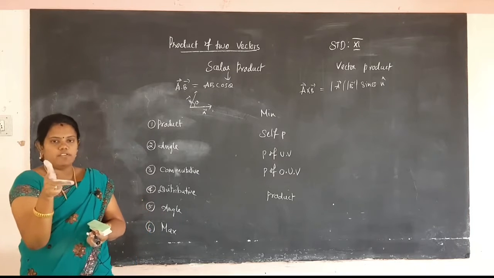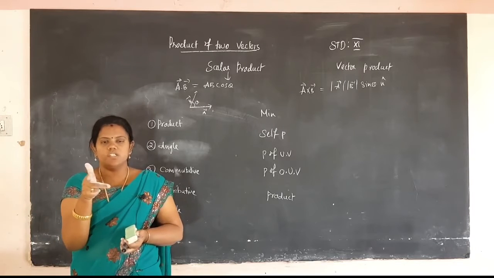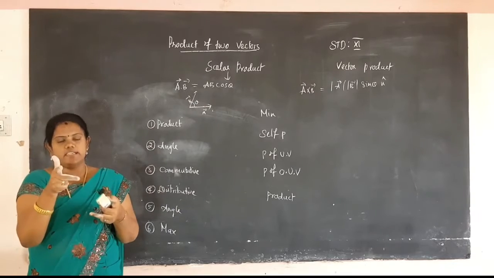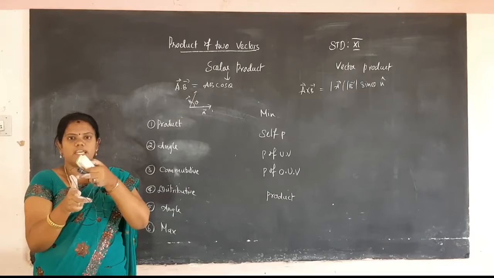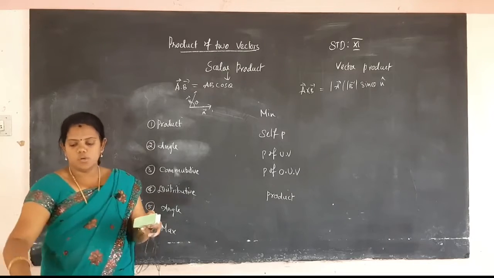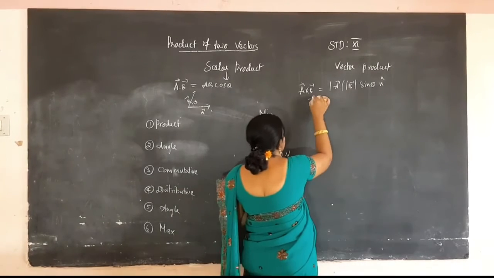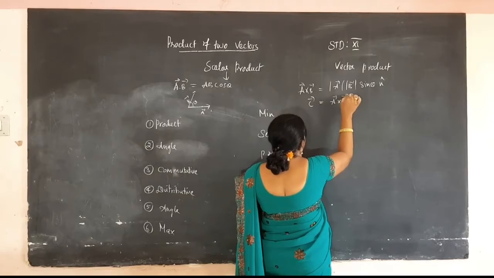With the right hand we stretch three fingers, at 90 degrees to each other, like the orthogonal unit vectors x, y and the resultant. The resultant is C. So the C vector resultant is equal to A vector cross B vector.